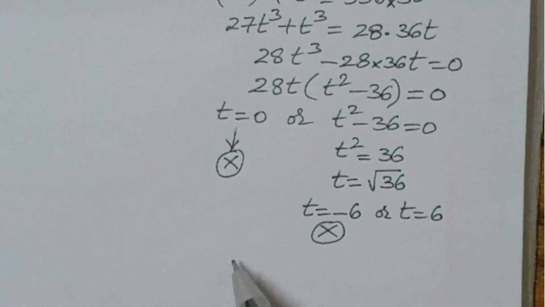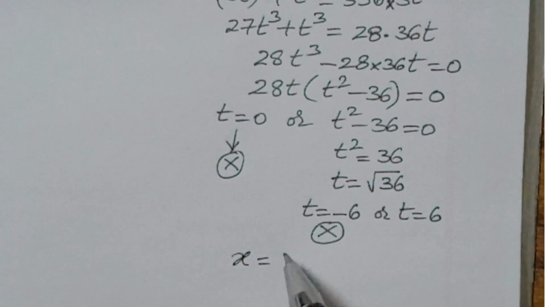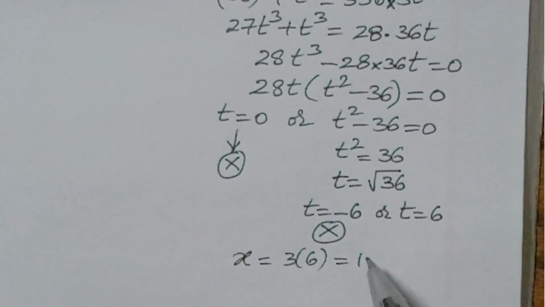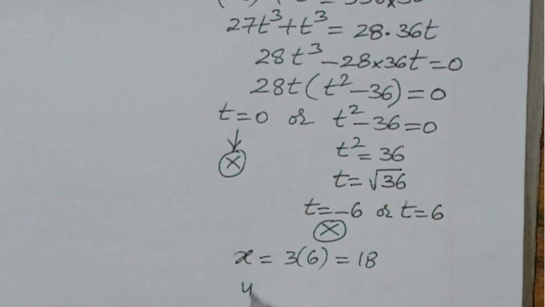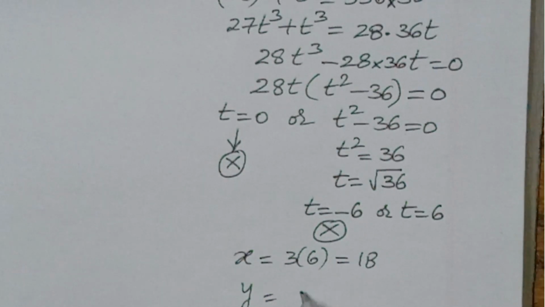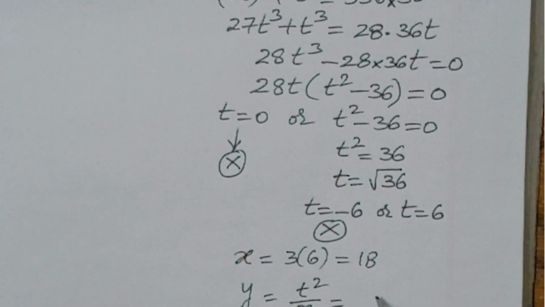So if t is equal to 6, x value will be 3 into 6, 18. Now y value will be t square by x.